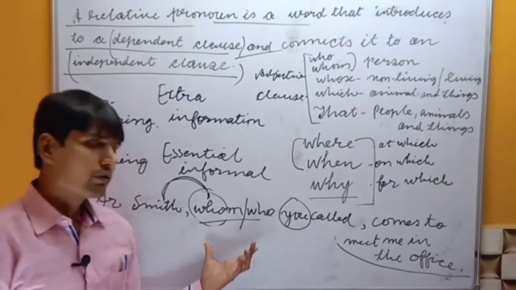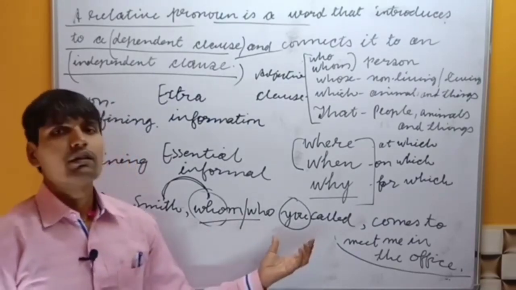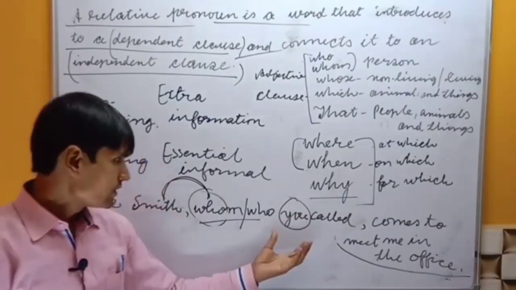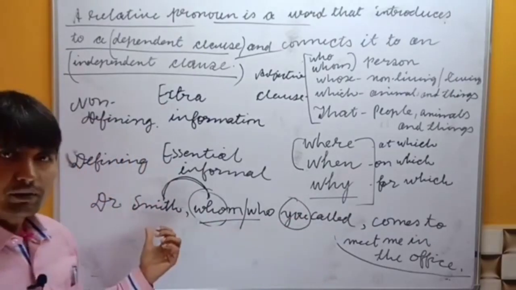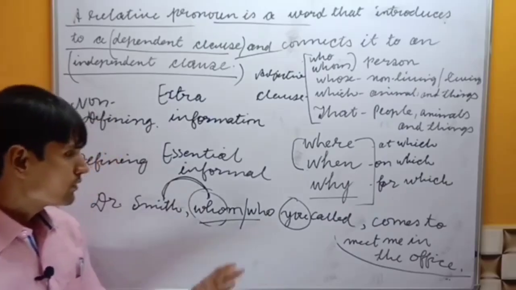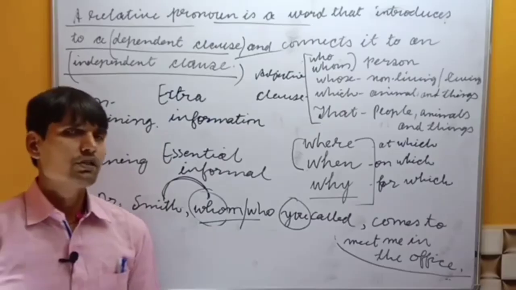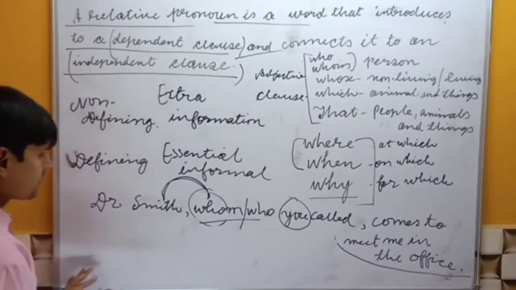After such words, whom or who, again a subject is brought here. You is the subject and you is calling Dr. Smith. Who is calling? You is calling. So you can stick to this to make sense and understand more and more about it.